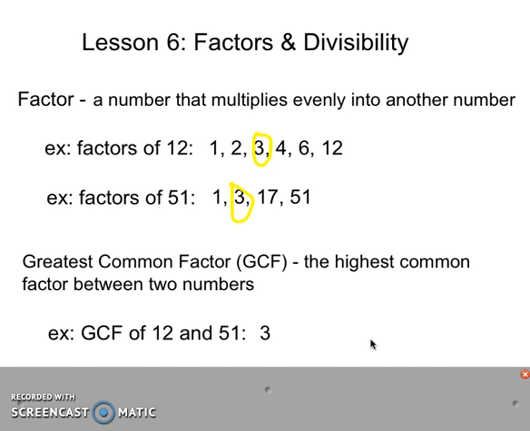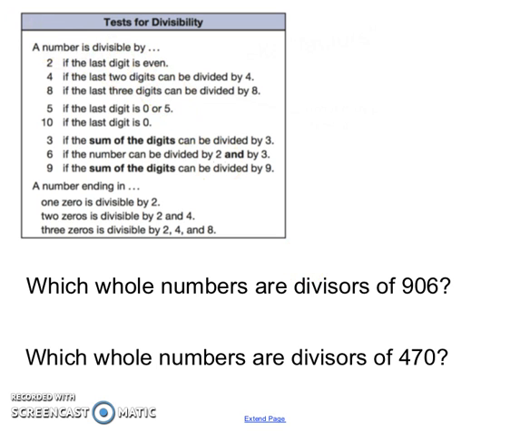All right, tests for divisibility. So this is a nifty little sheet here. It will help you figure out if a number is divisible by these numbers. Basically, it will help you figure out if a number has these as its factors.